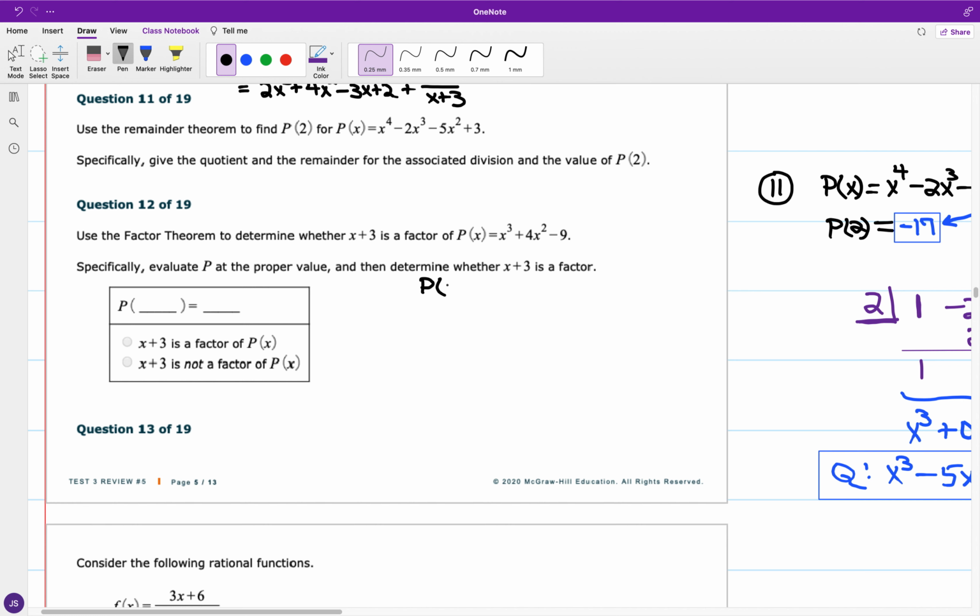And let me mention, we have p of x is equal to x cubed plus 4x squared minus 9. And if I'm going to set things up in terms of synthetic division, you notice I have a missing first order x term.